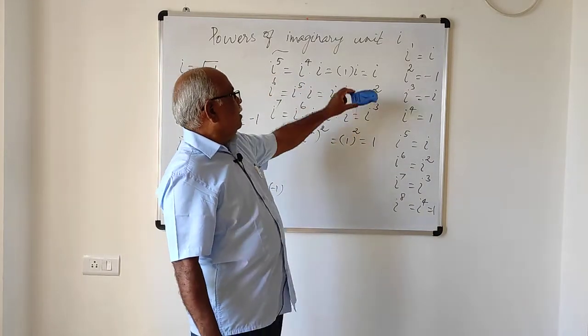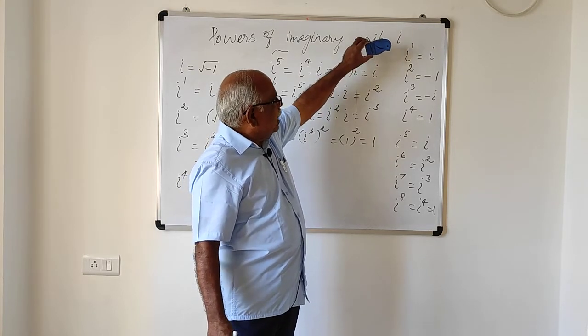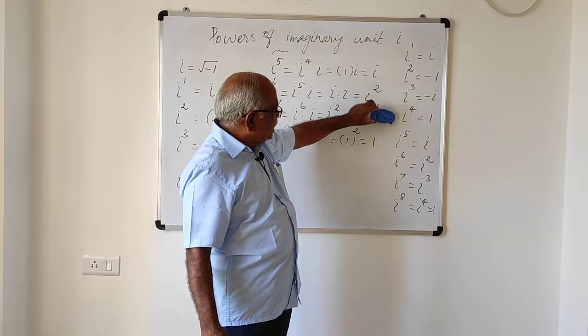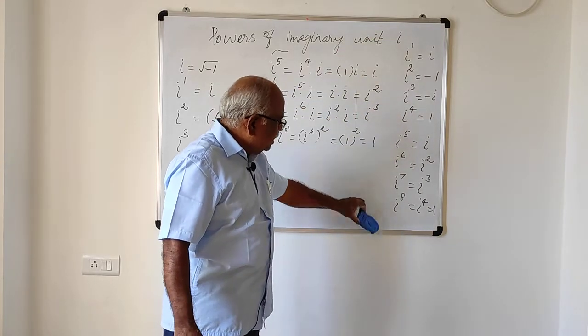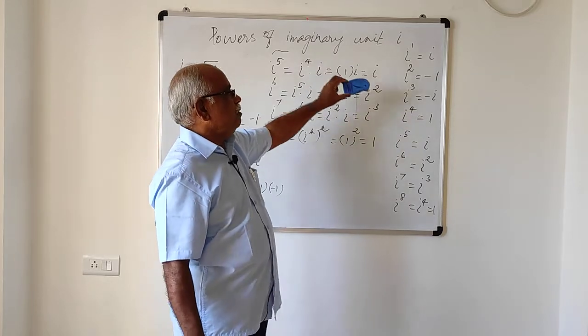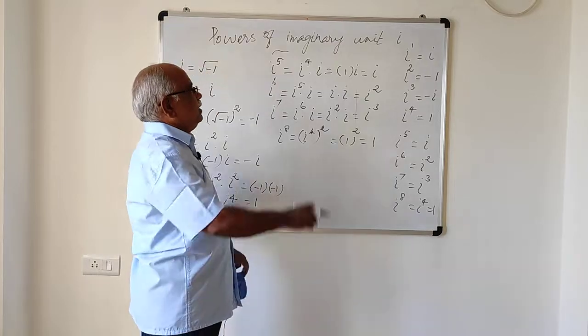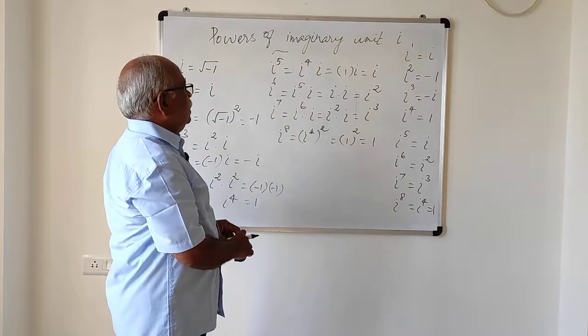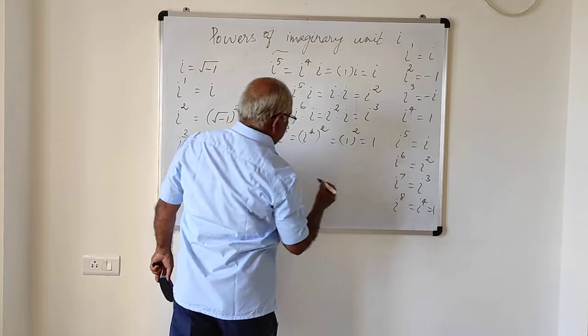The powers of the imaginary unit i from 1 to 4, these values are repeated again from 5 to 8, and again from 9 to 12, and so on. Every multiple of 4 gives the same value. So i power of multiples of 4 is always 1.